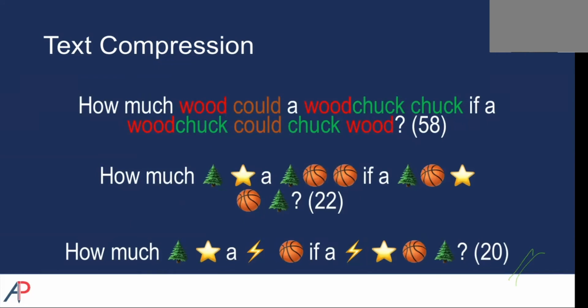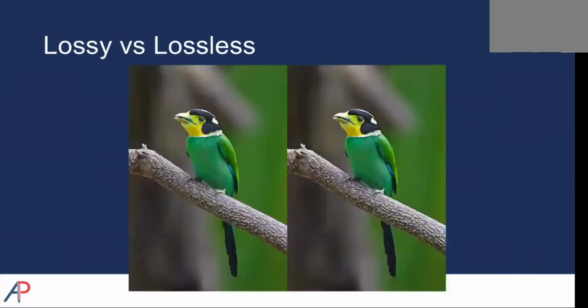So once again, here is another example of lossy versus lossless. You can see that when we look at the bird itself, and we also look at the branches, this one right here is not as clear as its counterpart on the left.